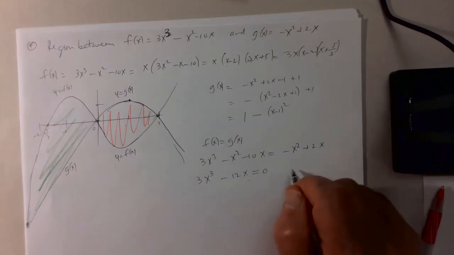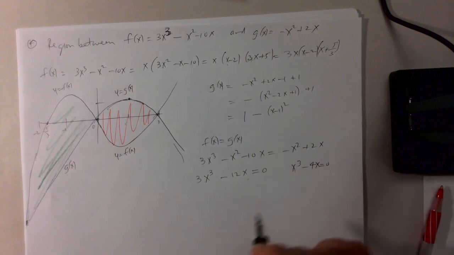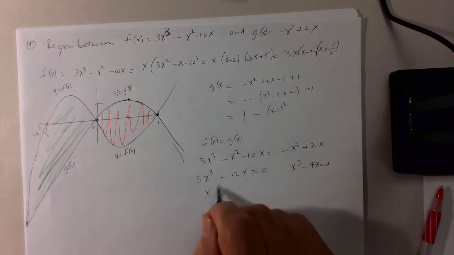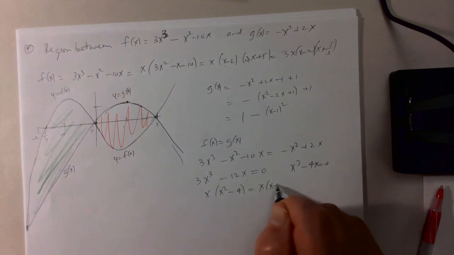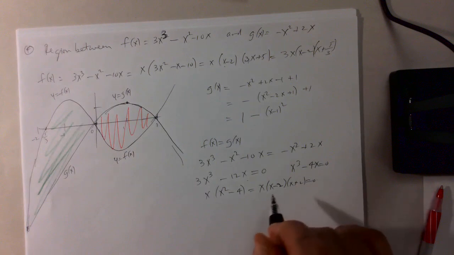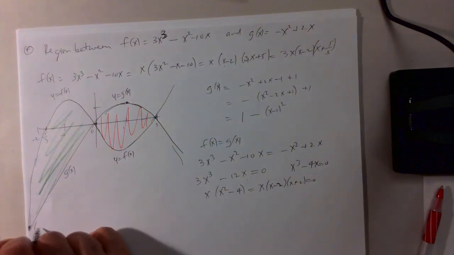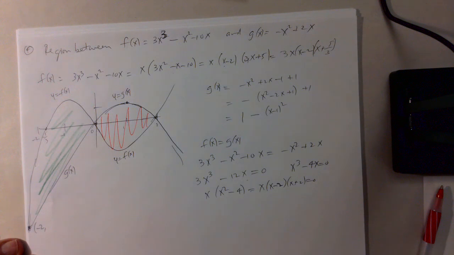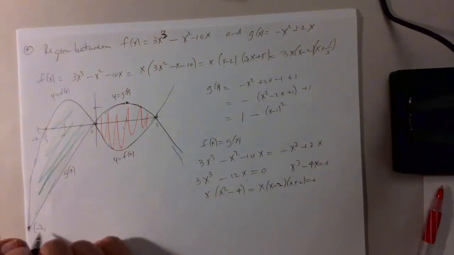Or divide by 3, x cubed minus 4x equals 0. Or x times x squared minus 4, which is x minus 2, x plus 2 equals 0. The roots are at 0 and plus or minus 2. So here the y coordinate is minus 2. And when x is negative 2, this is negative 8.